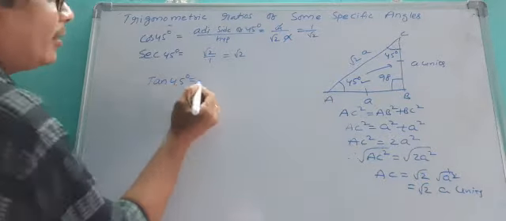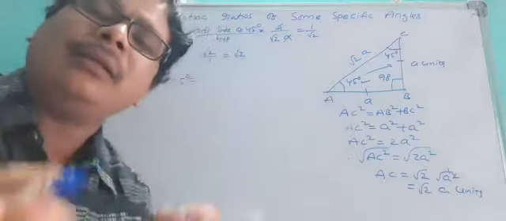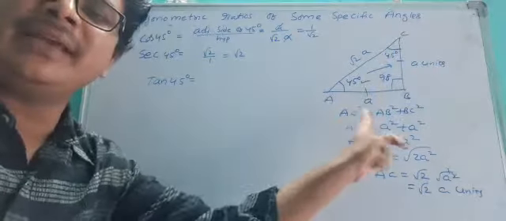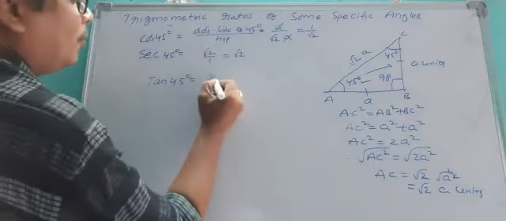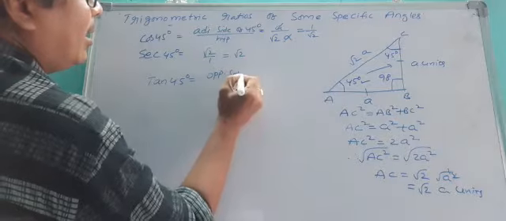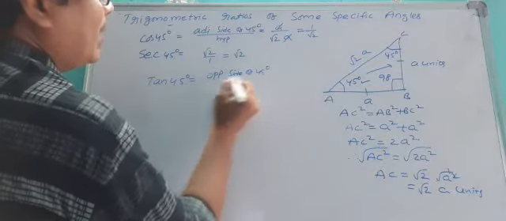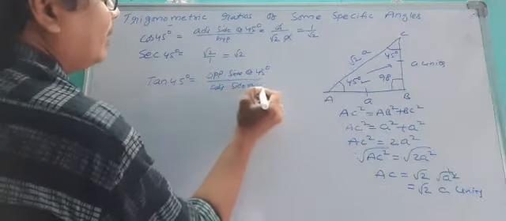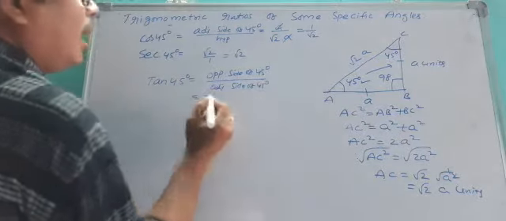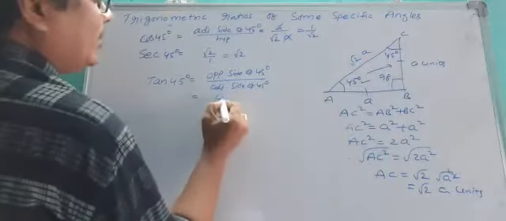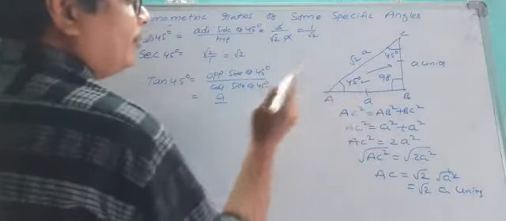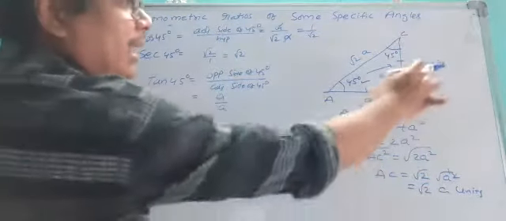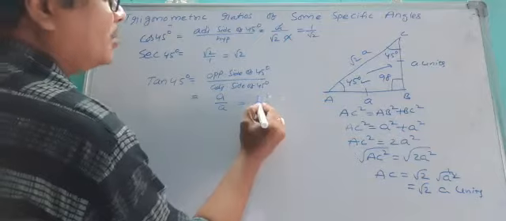Next one is tan 45. What is meant by tan? Tan means opposite side of theta by adjacent side of theta. So the opposite side of 45 is A units and the adjacent side of 45 degrees is also A units. A by A equals 1.